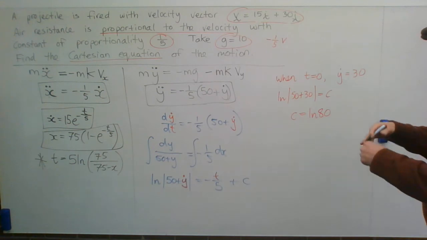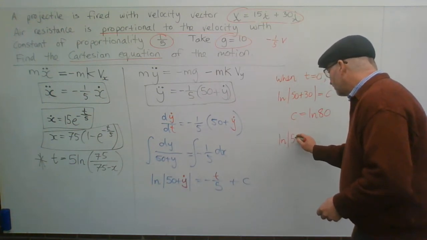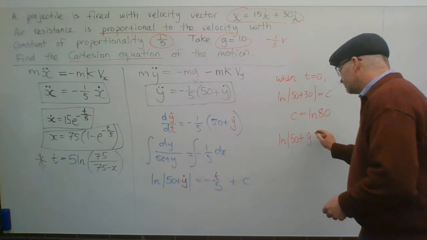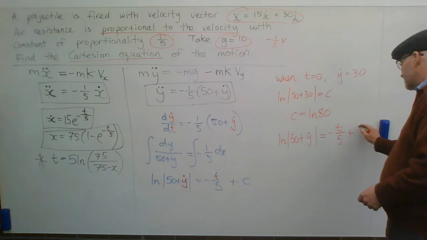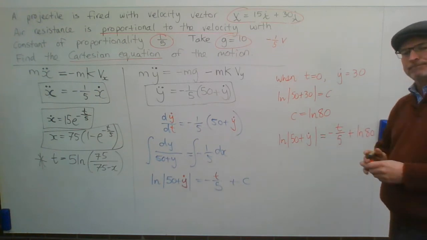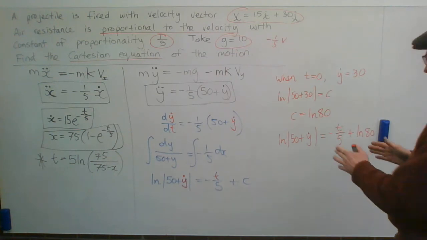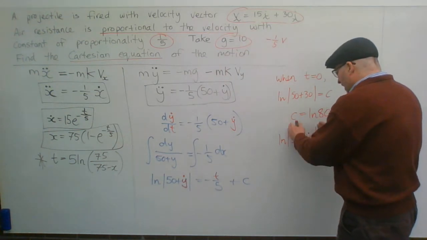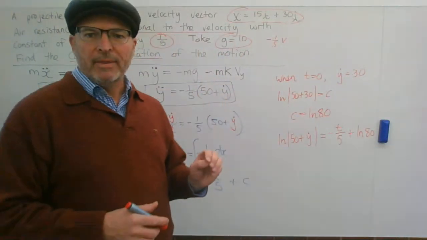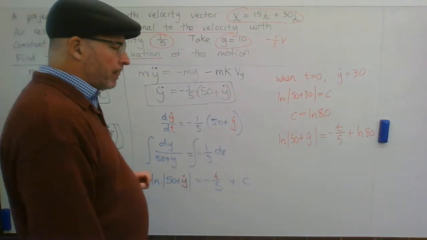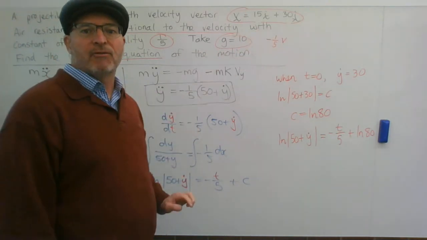All right, so I now know what our equation is. Our equation is the natural log of 50 plus y dot equals minus t on 5 plus natural log of 80. Now, what am I going to do about these absolute values? When the projectile is shot up, that's fine.